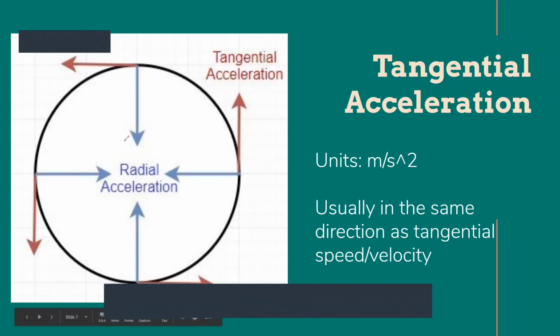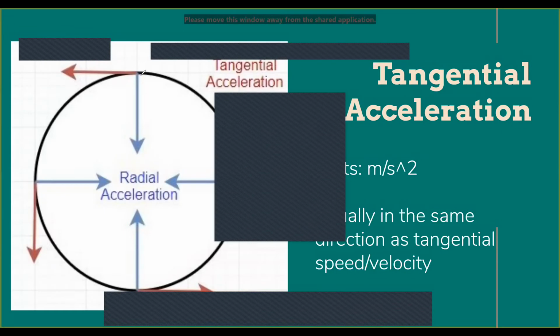Let's say at this very point, this velocity vector is pointing this way. So the object should be moving in this direction, right? But we see that this object is actually moving in a circle. So that doesn't make sense, right? We know that acceleration is change in velocity over time.